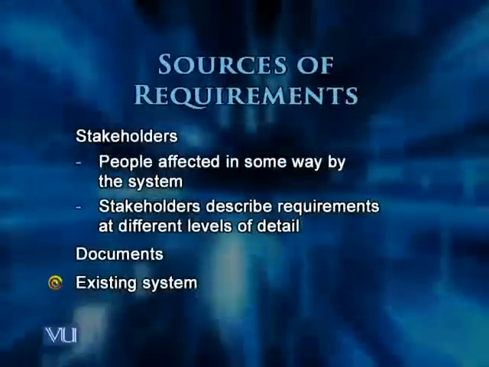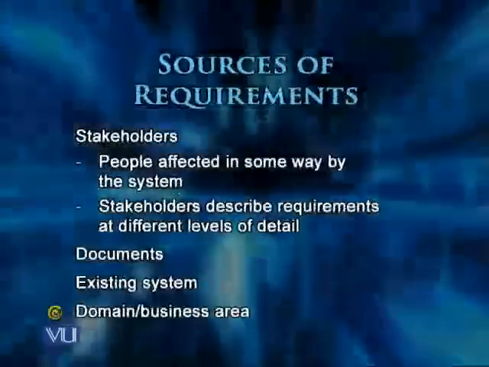If it's a manual system, there are certain ways of performing things, and if it's an old computerized system or partially computerized system, then that system would also be a source of information, source of knowledge about the future software product. And then obviously then there is domain and business area that has to be understood well.